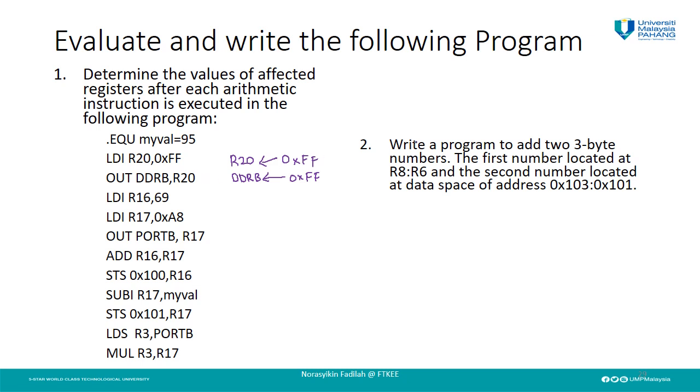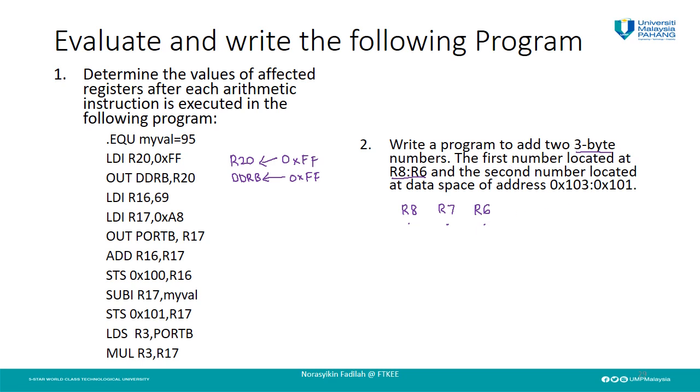And then for the second exercise, you need to write a program to add two 3-byte numbers. The first number is located at registers R8 until R6, meaning that we have R8, R7 and R6, with the most significant byte at R8, and then we have another byte at R7 and then another byte at R6.